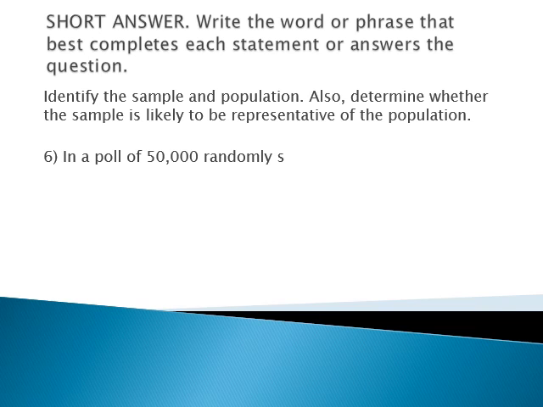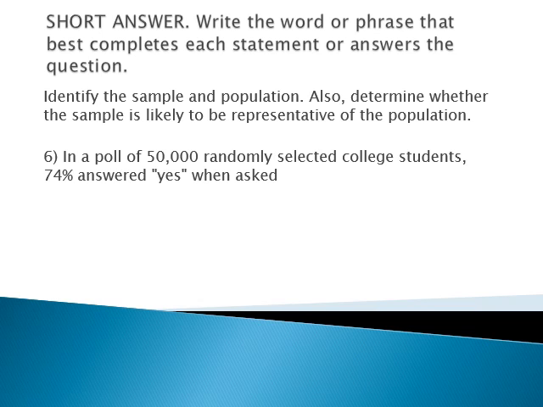So here, in a poll of 50,000 randomly selected, whenever there is the term selected, it means we are making a choice of not studying everything in that population. When we are making a selection, you will know this is a sample, and what we are going to do is statistics.